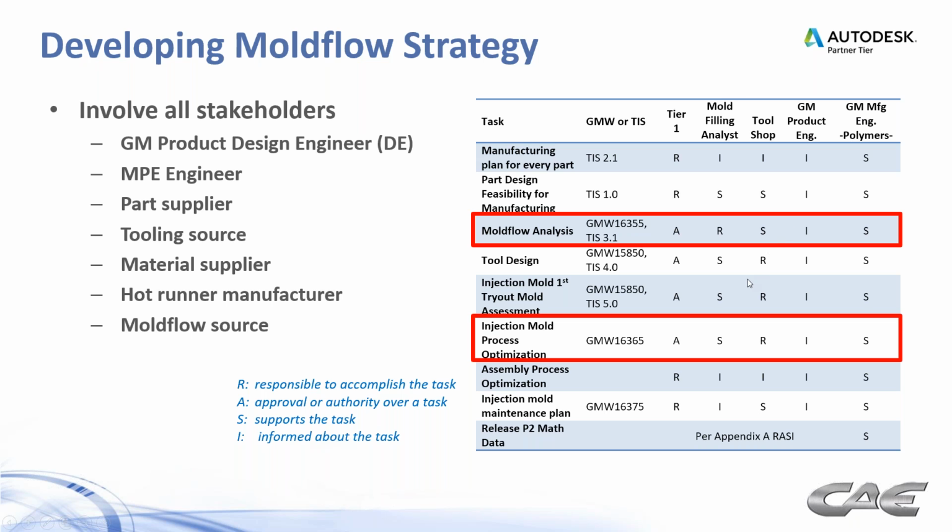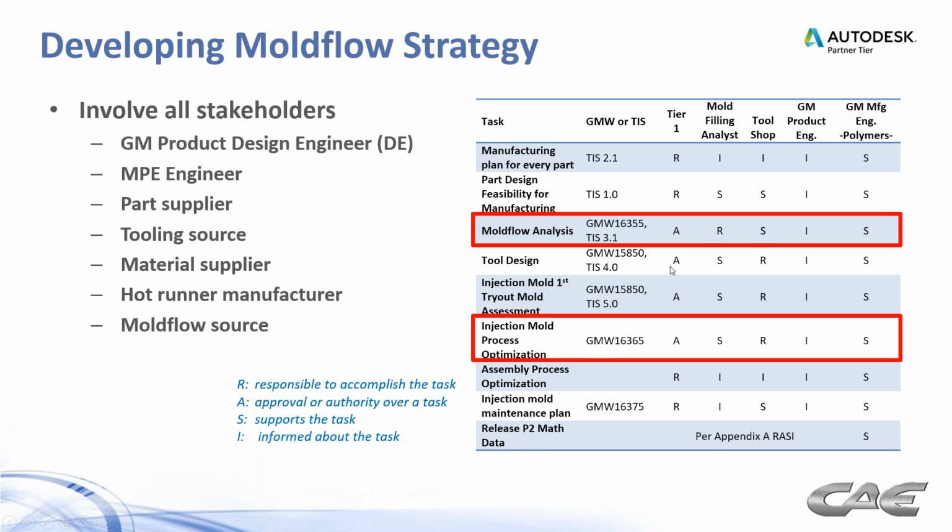And here's just a RASI chart to show who's responsible for what, but I wanted to point these two out. For the Moldflow analysis, the mold filling analyst is responsible, but having input, the tool shop's going to support it. The GM product engineer is going to be informed. The manufacturing engineers from the polymers group are going to support the task as well.